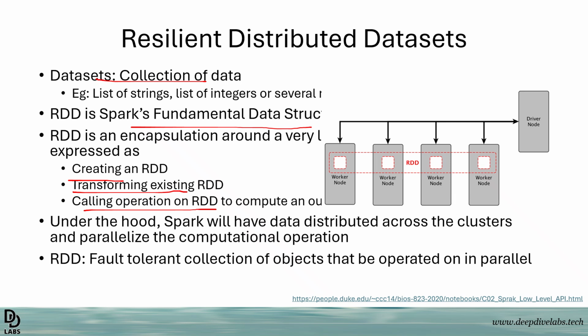Under the hood, that's what the visualization is telling you. Spark will have data distributed across the clusters and parallelize the computation operations. So it's a unified data processing engine. When we write our code, we don't have to take care of this distribution that is going to happen. The whole data structure itself is set up in a way so that it's distributed.